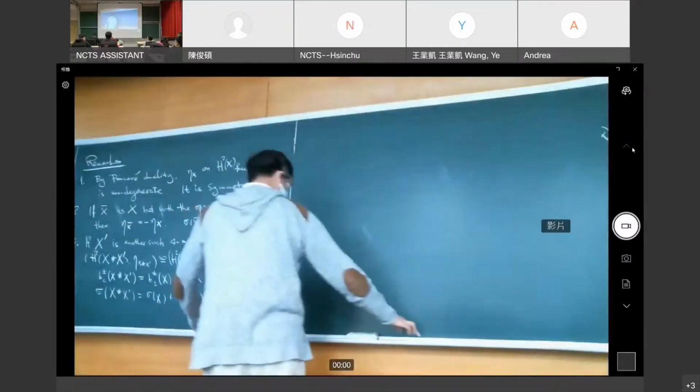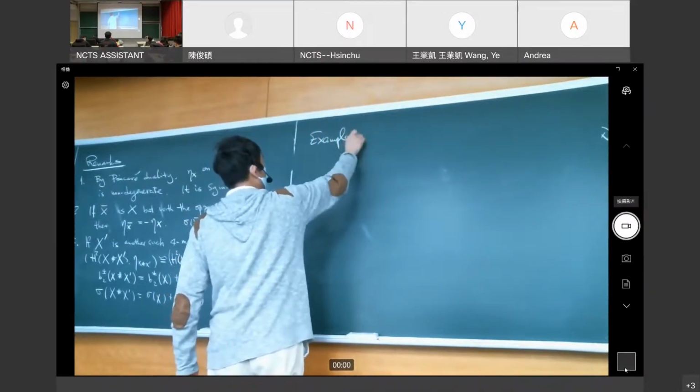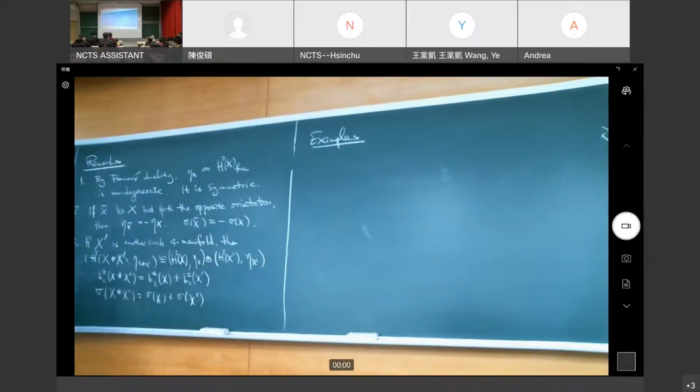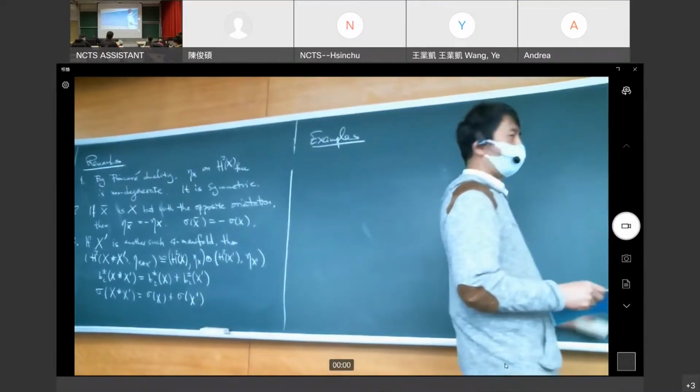This is simple enough. So let me first of all give some simple examples. I will come up with slightly more complicated examples when we study all the possible intersection forms of four manifolds.